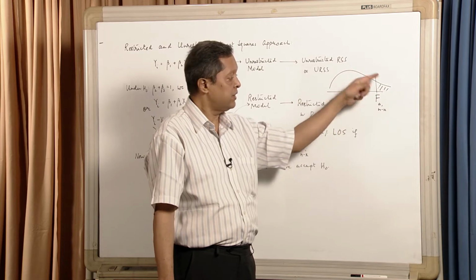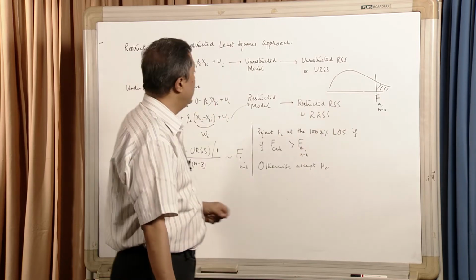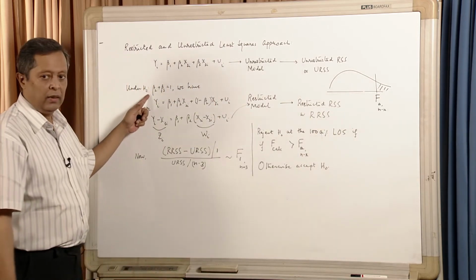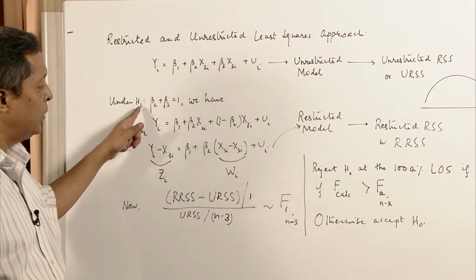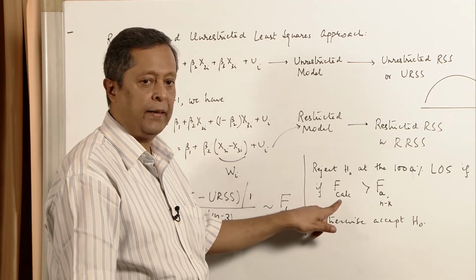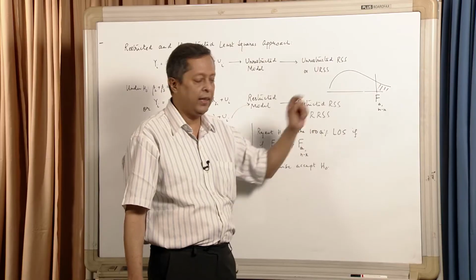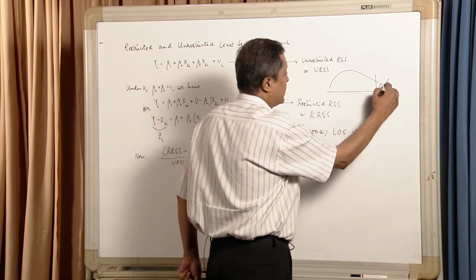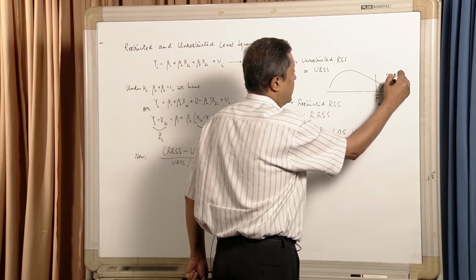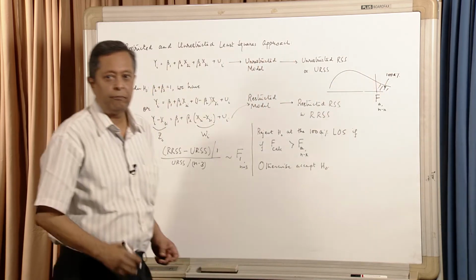However, if it does lie to the right, then we have reasons to suspect whether this is true. So, we reject H naught if F calculated lies to the right of F alpha with n minus k degrees of freedom, where this has 100 times alpha percent probability.